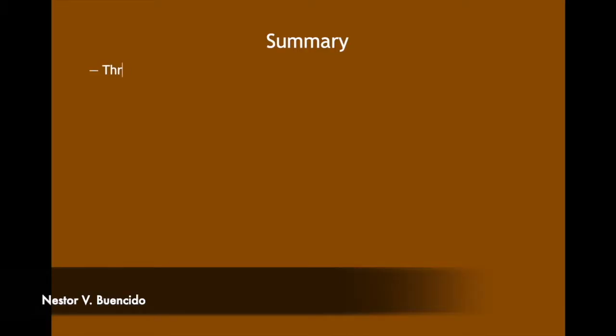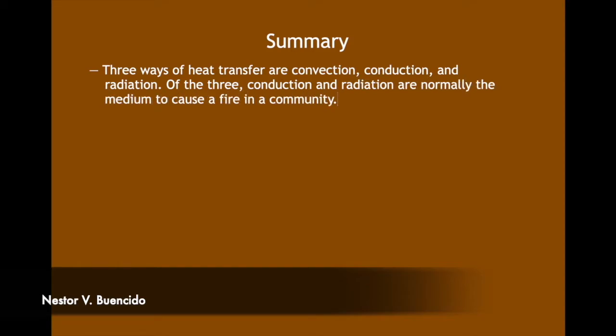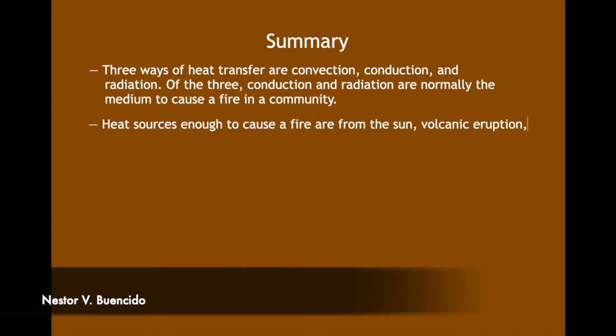To summarize, the three ways of heat transfer are convection, conduction, and radiation. Of the three, conduction and radiation are normally the medium to cause a fire in a community. Heat sources enough to cause a fire are from the sun, volcanic eruption, spark, and friction.